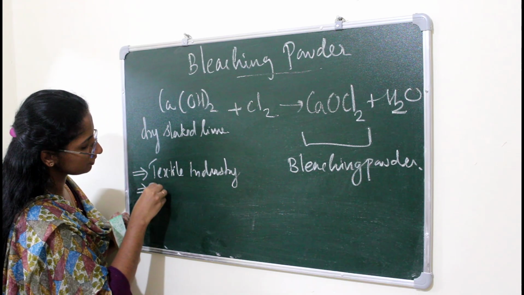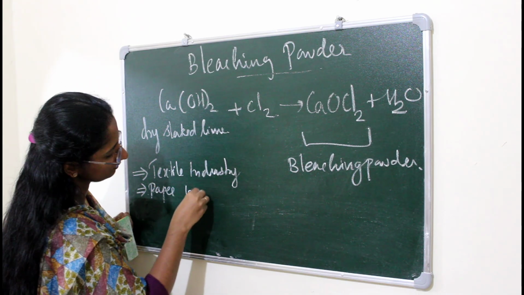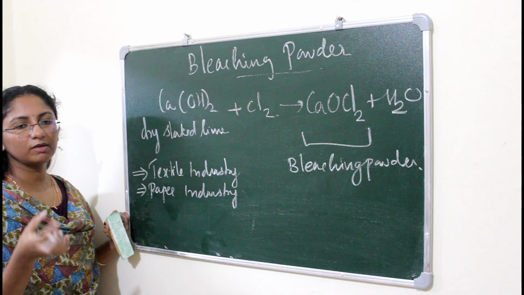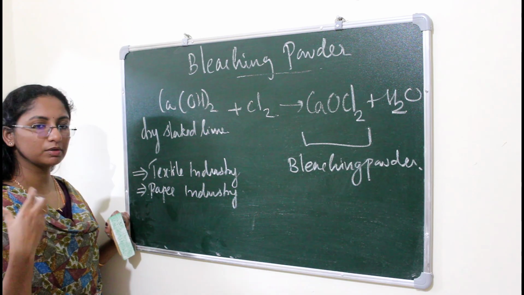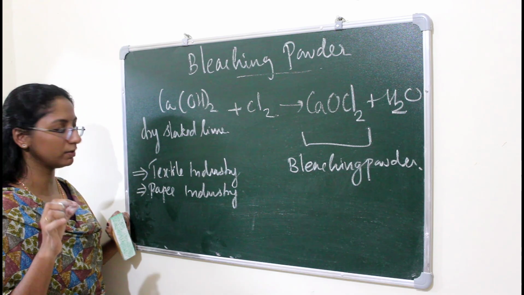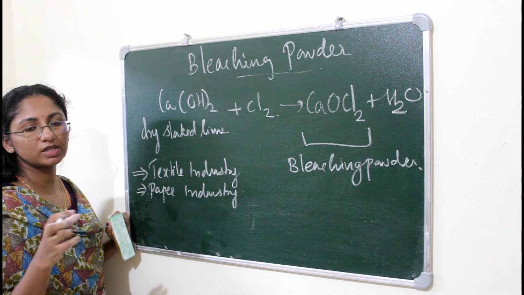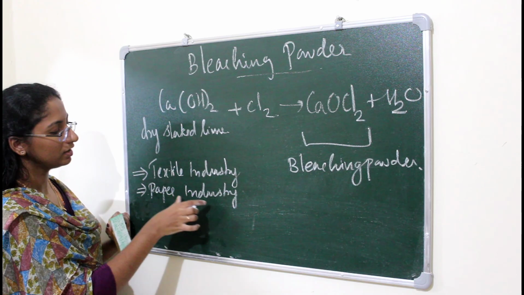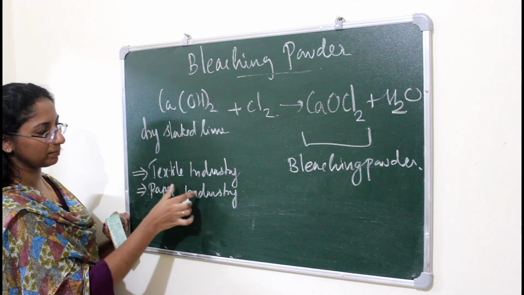In the paper industry we take wood pulp, and after bleaching this wood pulp we use it for paper production.